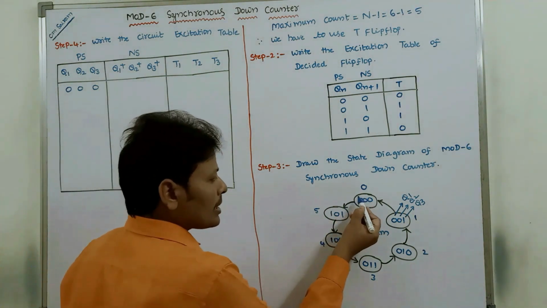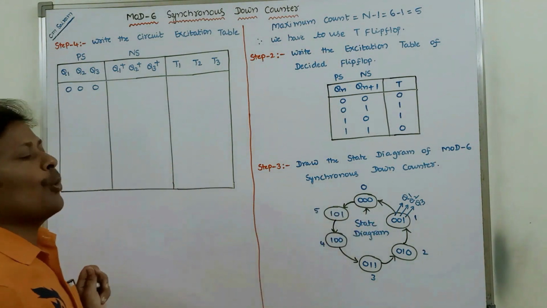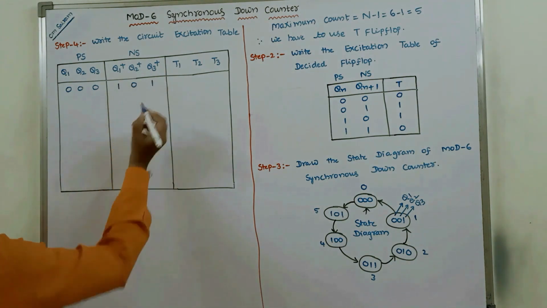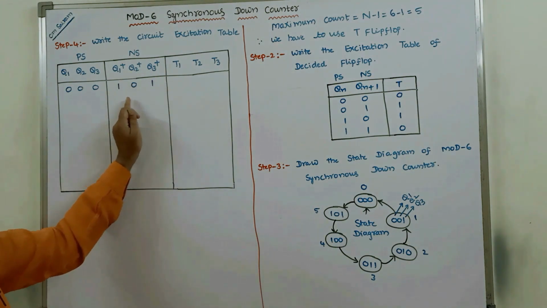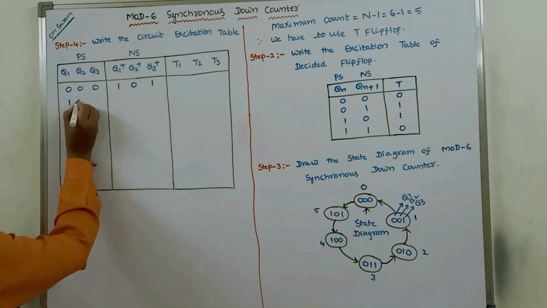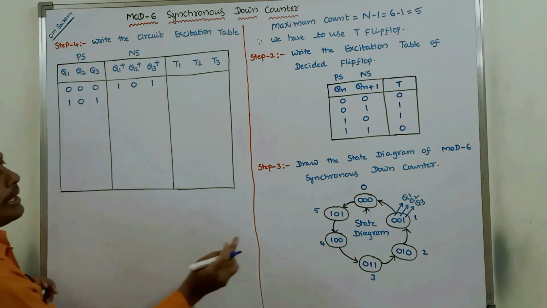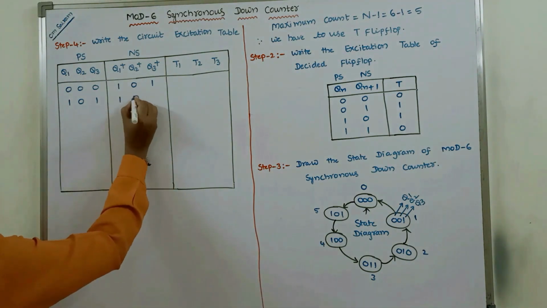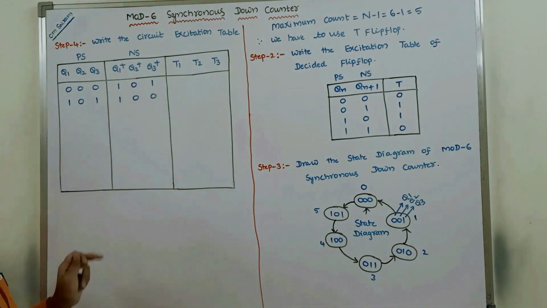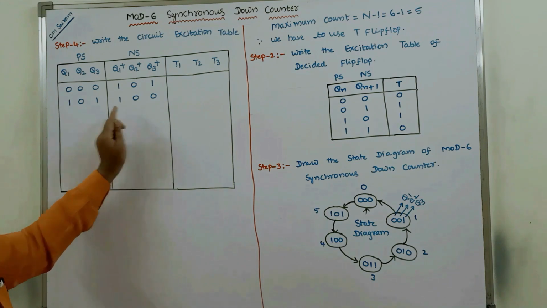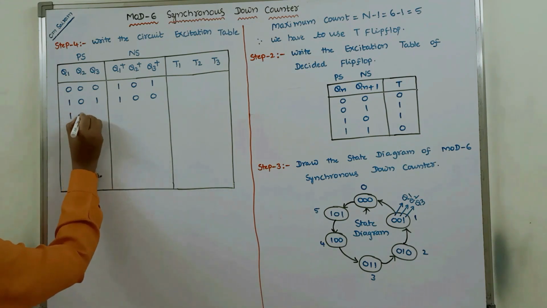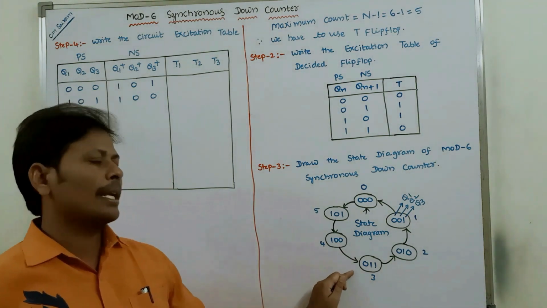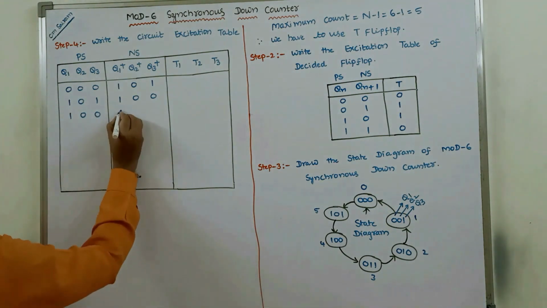The next state is 1, 0, 1. Now, 1, 0, 1 can be taken as present state. What is the next state? The next state is 1, 0, 0. Next, 1, 0, 0 can be taken as present state. What is the next state? The next state is 0, 1, 1.